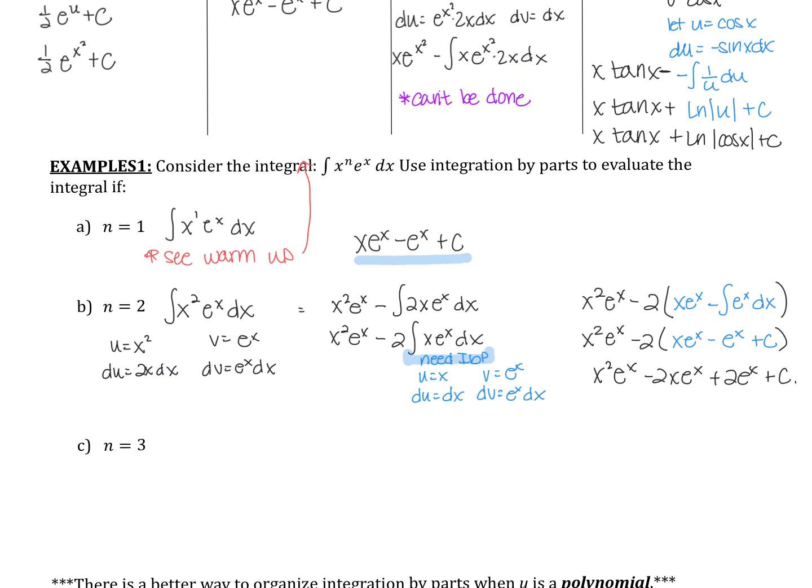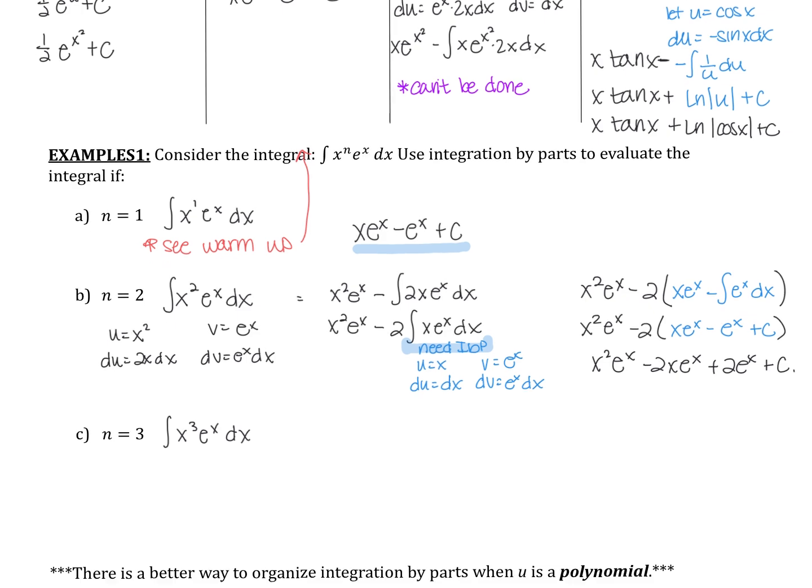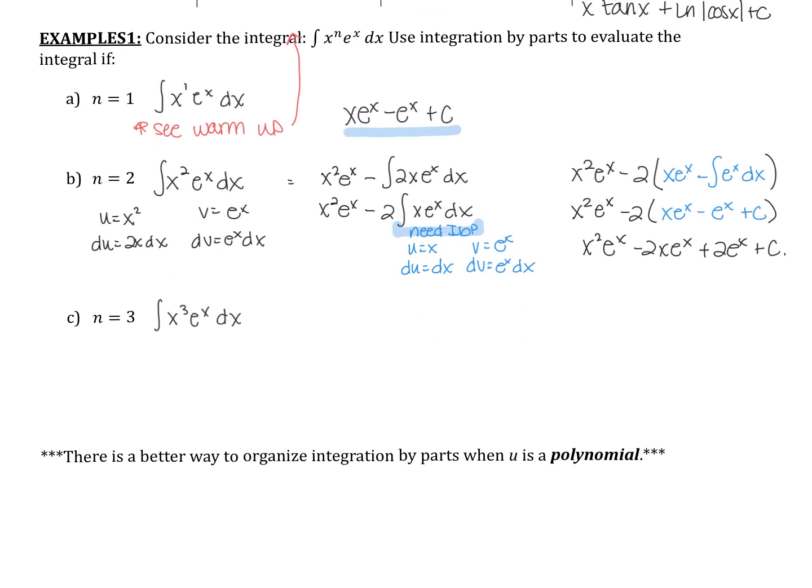Okay. Maybe you have good deductive reasoning skills and you can figure out what might happen when n is 3. But I want you to hit pause and try when n equals 3, meaning I want you to take the integral of x cubed e to the x dx. Did your hypothesis come true?